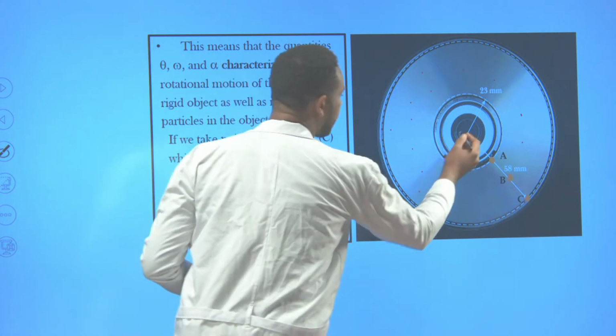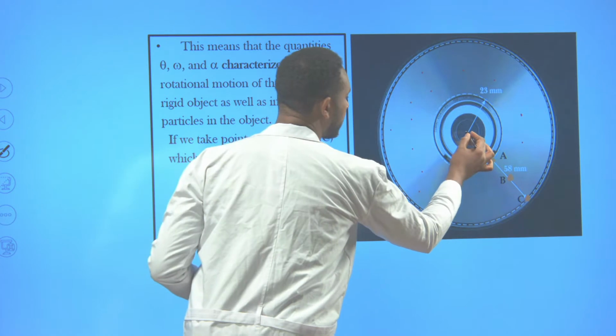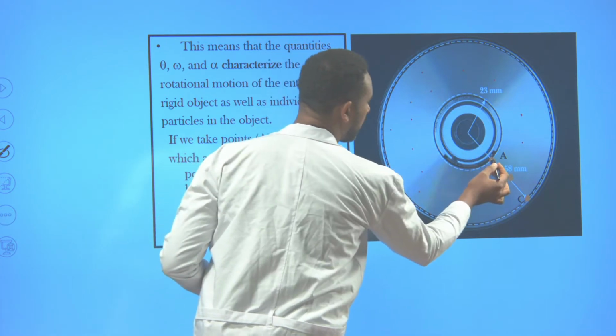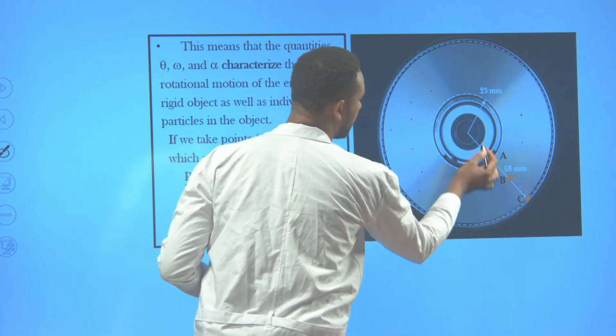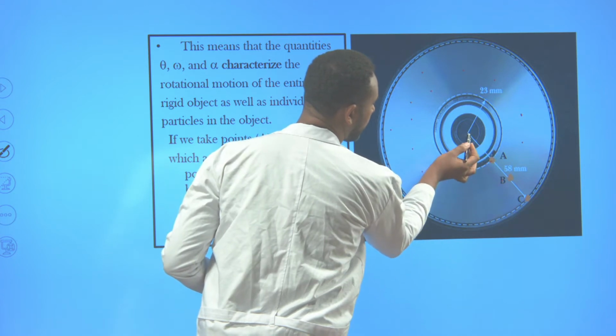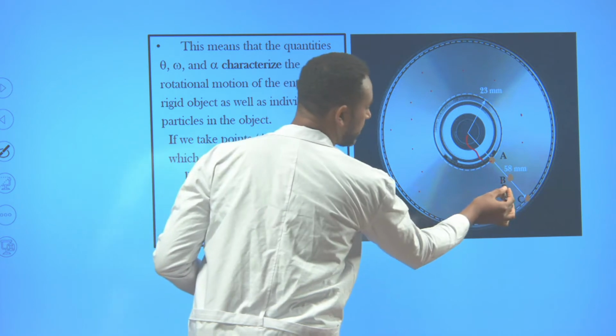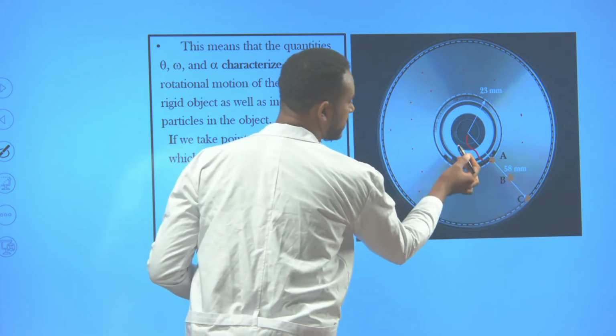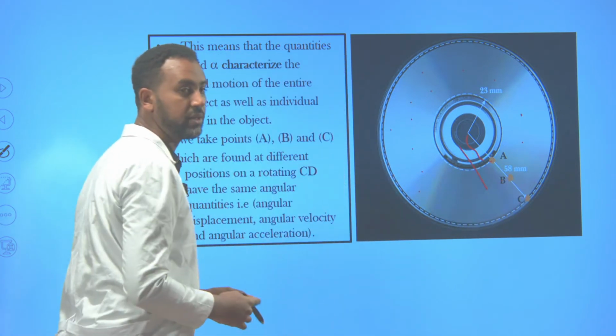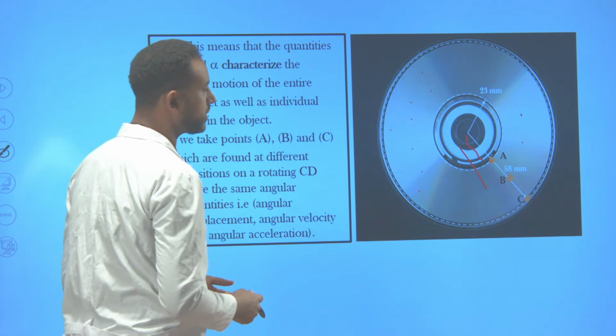But since they are found at different locations from the axis of rotation, say you have point A, point B, and point C. Point A is 23 centimeters away from the axis of rotation, and point B, let's assume, is found at 58 millimeters from the axis of rotation.